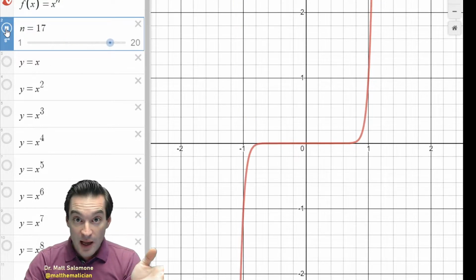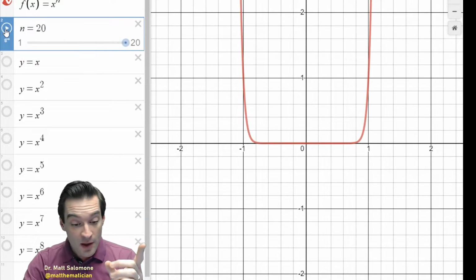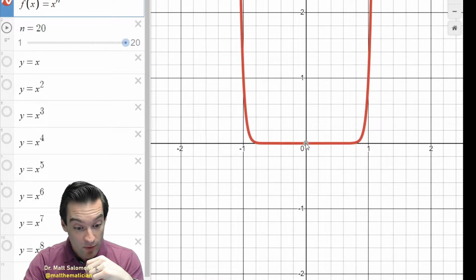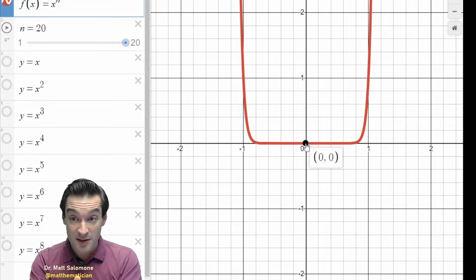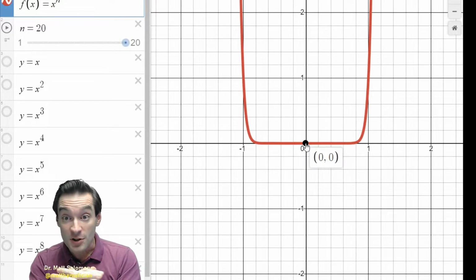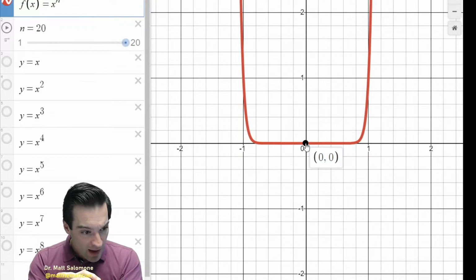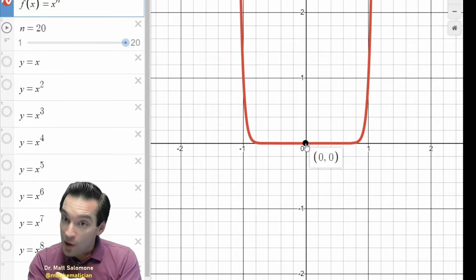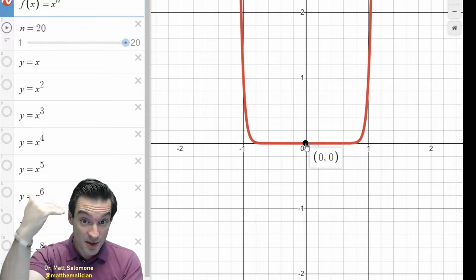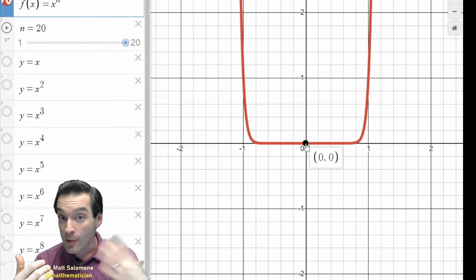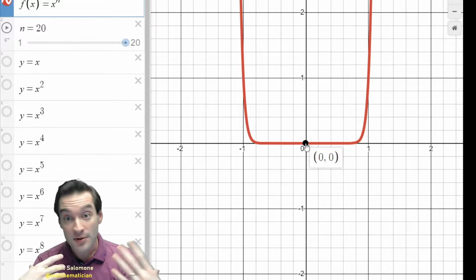The first thing I'm noticing is that they all have the same vertical intercept. All of them go through the point (0, 0). That's not, I hope, too controversial a statement, and not too surprising either, because if x is equal to 0 and I raise x to a positive integer power, I'm taking 0 to the power 1, 0 to the power 6, 0 to the power 17.